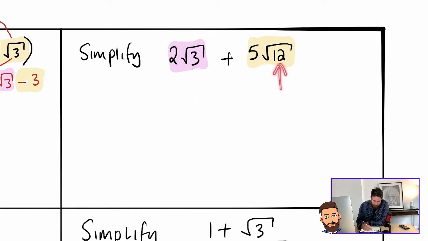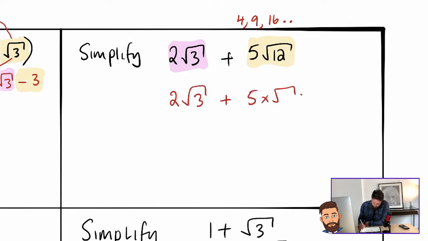12, however, if we list out our square numbers, 2 times 2 is 4, 3 times 3 is 9, 4 times 4 is 16. We don't need to go any further because we're only trying to get a square number into 12. We're going to leave this one the same, and we're going to add 5 lots of 2 blank surds. That was the exam skill that I taught you.